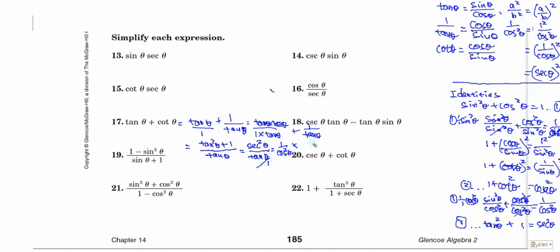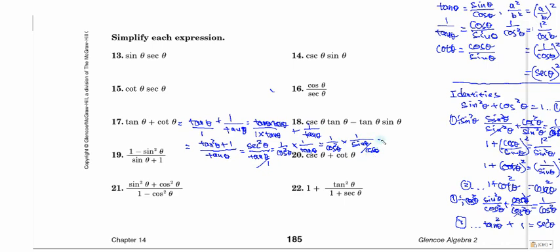This actually is over 1, so it becomes 1 over tangent theta. Now, we know tangent theta is actually sine theta over cosine theta. So we're going to simplify that times 1 over sine theta over cosine theta.